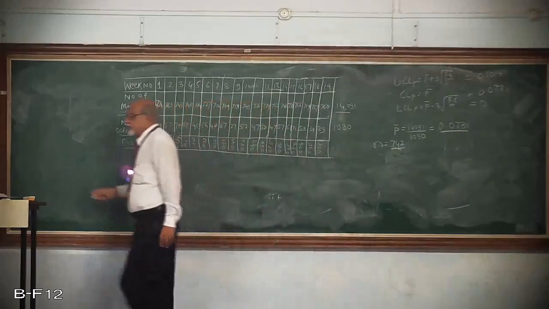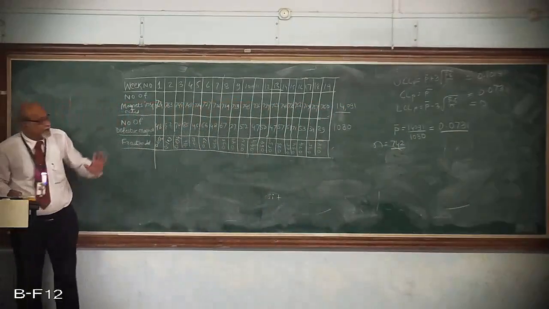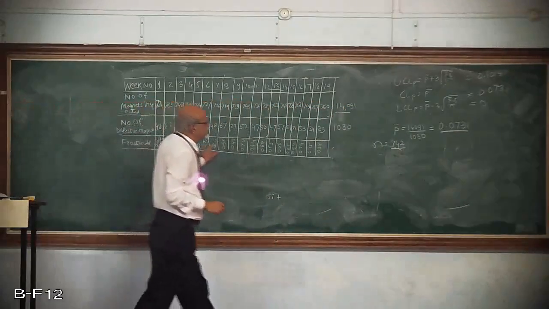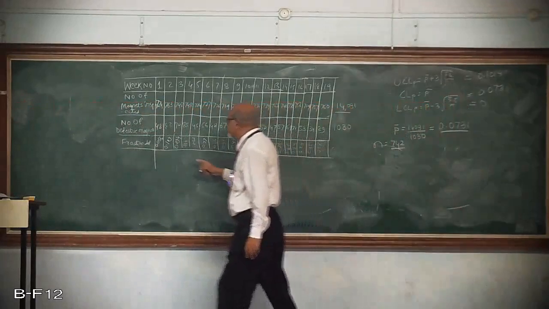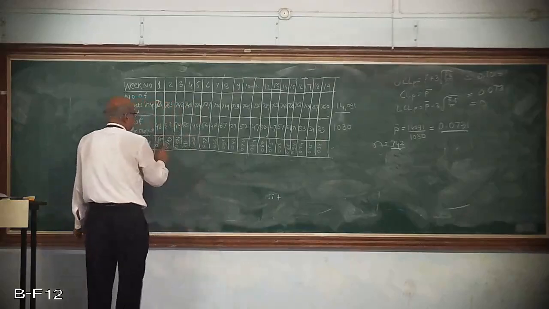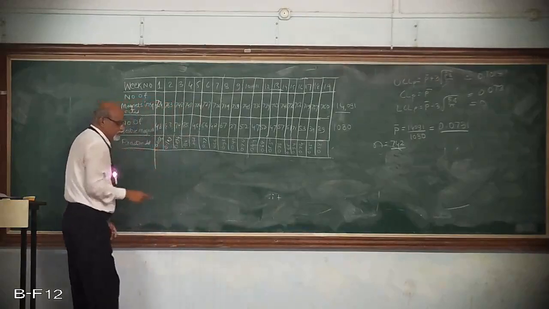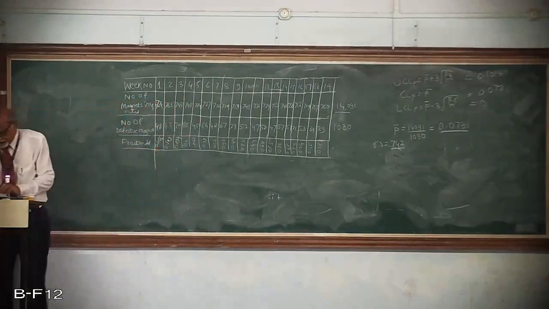Okay. Now we will compare this. These values should not be more than 0.1018. Any value more than that is out.